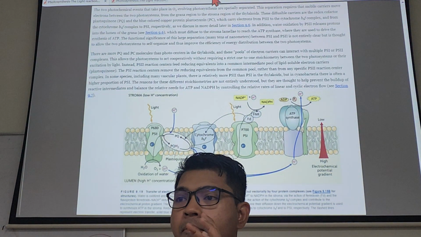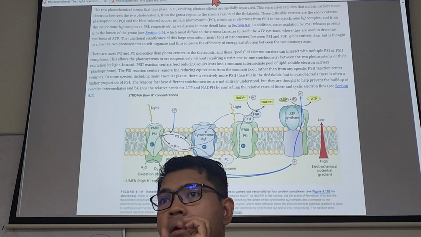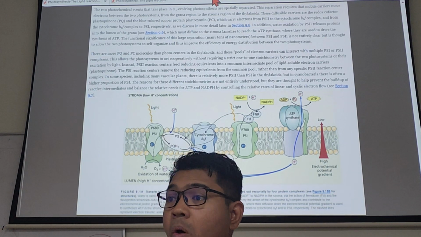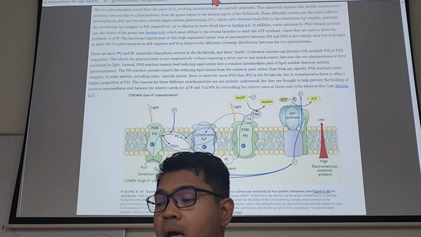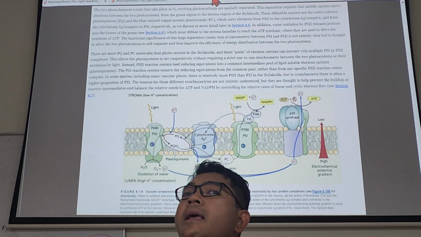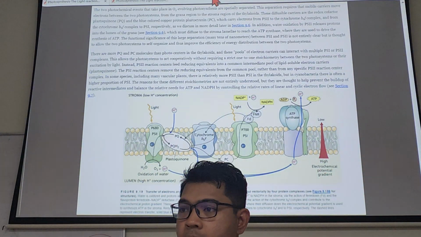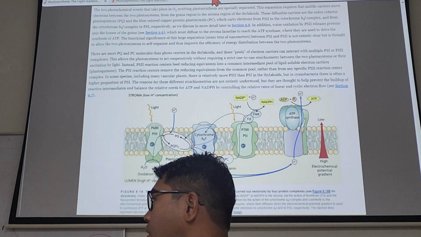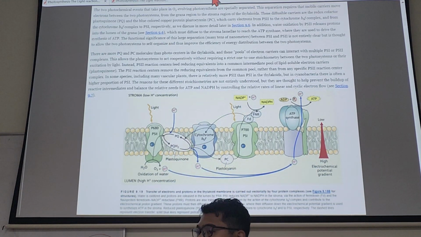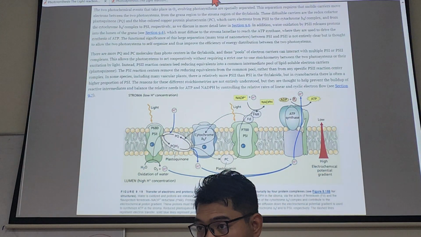A molecule can become an electron carrier or electron acceptor. If the molecule only accepts electron and is done with it, for example, like this one here, NADP plus, it accepts electron and then adds hydrogen to it to become NADPH. We call NADP an electron acceptor.